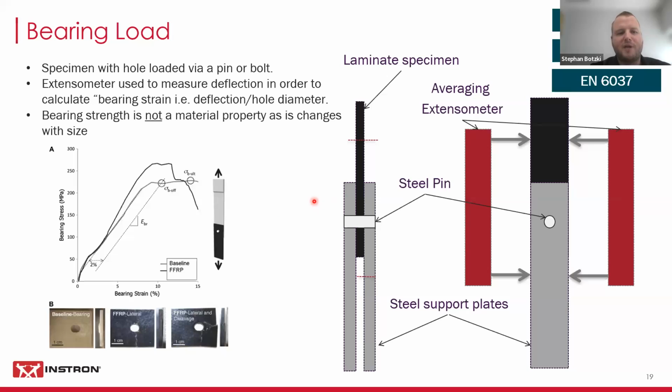It will change depending on the size of your hole in there. So if you're using different fasteners, different hole diameters, you're going to have to do a lot more testing for each of the different combinations there. And you can see a couple typical failures down here in the pictures below the loading curve.